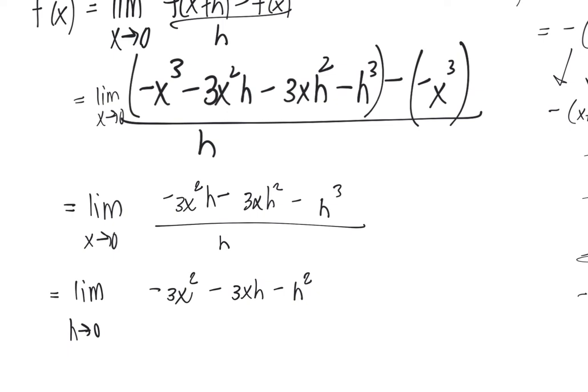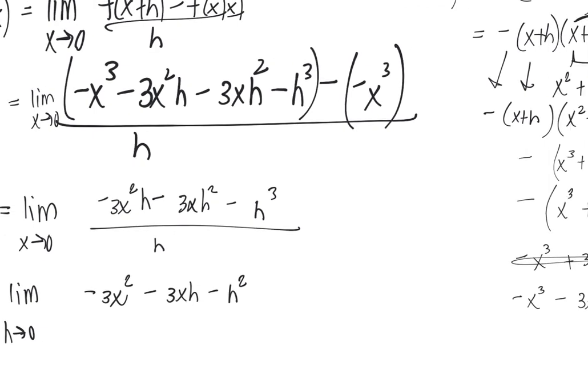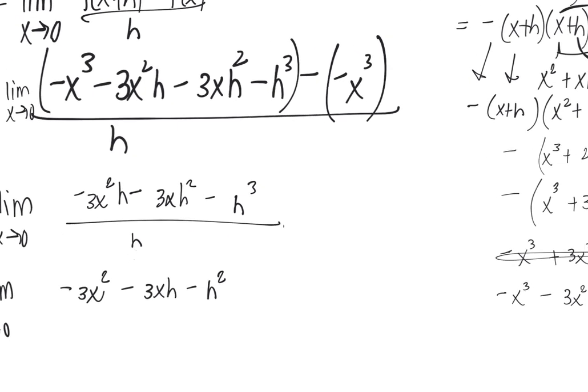And there's no denominator anymore. If you don't see that this h canceled all of these, think of another step being to factor out that GCF of h in the numerator, and you're left with -3x squared minus 3xh minus h squared all over h, and these h's cancel to leave me where I'm at right here.